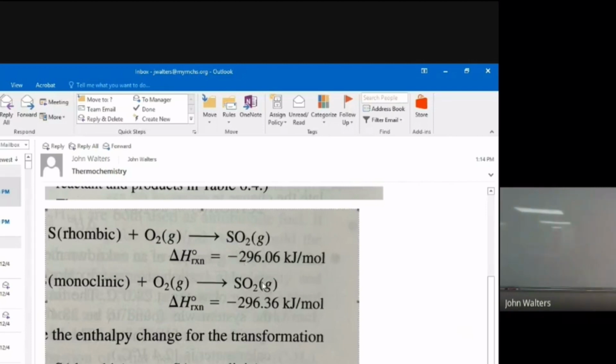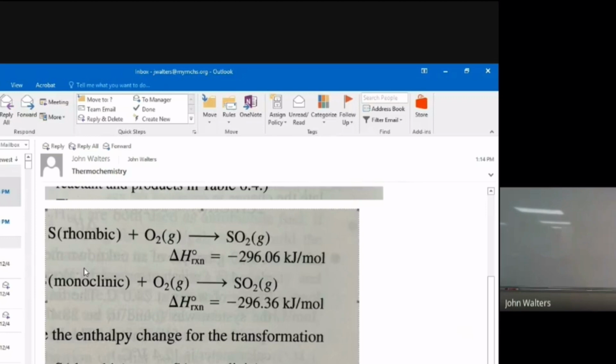Let's flip the reaction around. What's going to cancel when we flip this reaction around, making monoclinic on the right side, and oxygen gas is going to be on the right side, and SO2's on the left? Won't the SO2s cancel because they're on the left and right of the arrows?